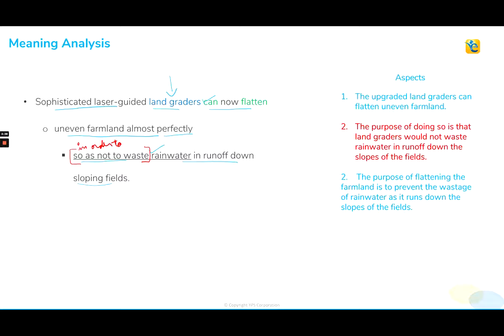So basically, the purpose of these sophisticated land graders in flattening the uneven farmland almost perfectly is that by doing so, the rainwater can be saved. So even if the sentence is not written logically, we could put together all the aspects in the sentence, all the information presented in the sentence to come to the logical meaning of the sentence. And this is the logic we want our sentence to convey.